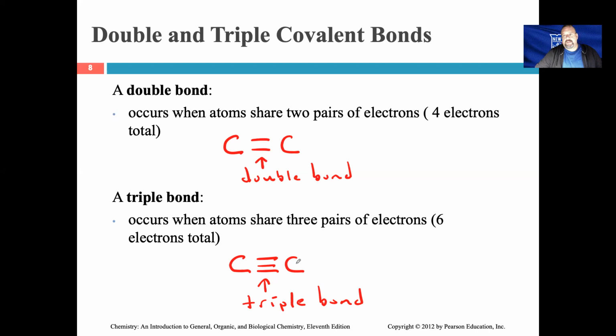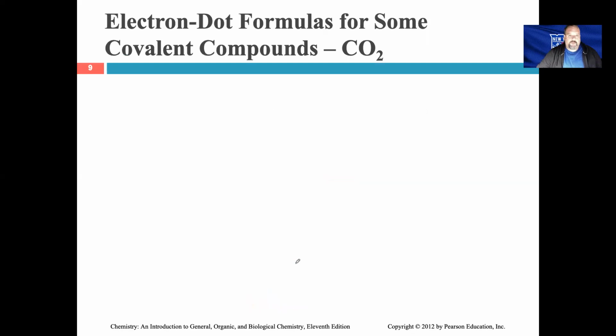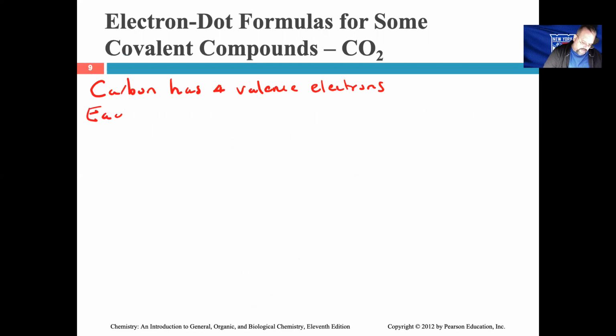So let's take a look at an example or two, one that has double bonds, and one that has a triple bond as well. Let's look at carbon dioxide. So we know carbon has 4 valence electrons. Each oxygen has 6 valence electrons.